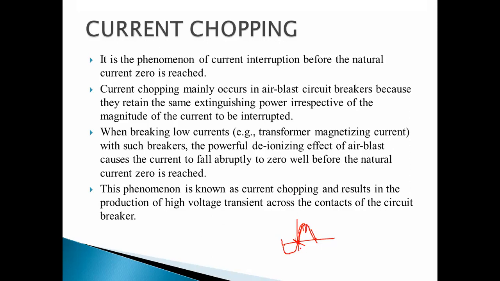Here the current becomes naturally zero, but before this current becomes zero, the current interruption is there. Current interruption means this current is becoming zero before this zero point.